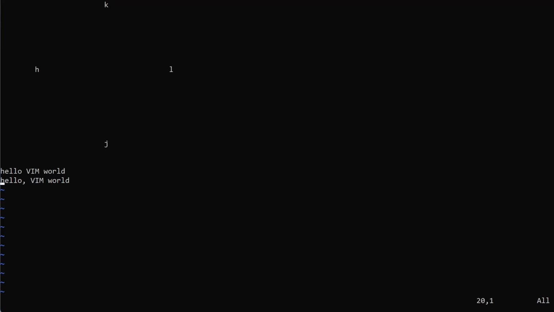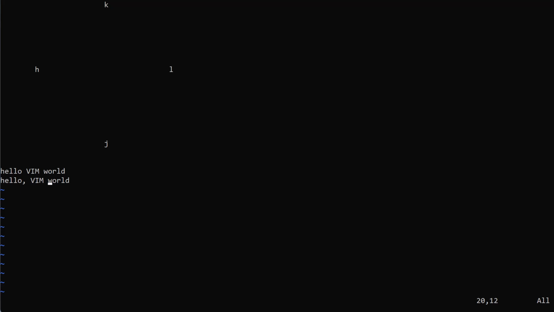This is one word, this is the second word, the third word, forward. If you want to ignore the special symbol, you type W in uppercase. W, W. You will see that we move normally again.